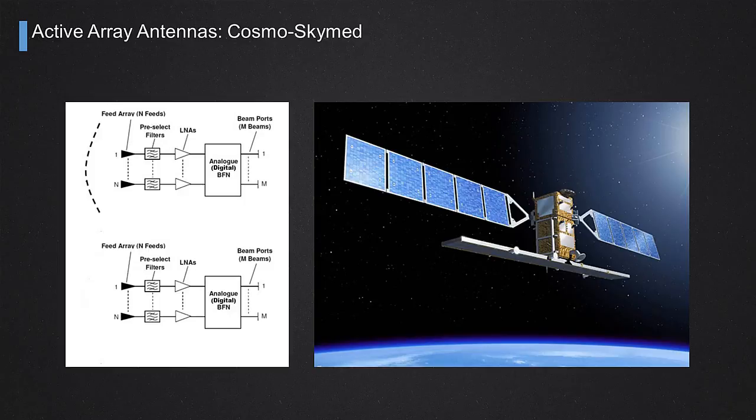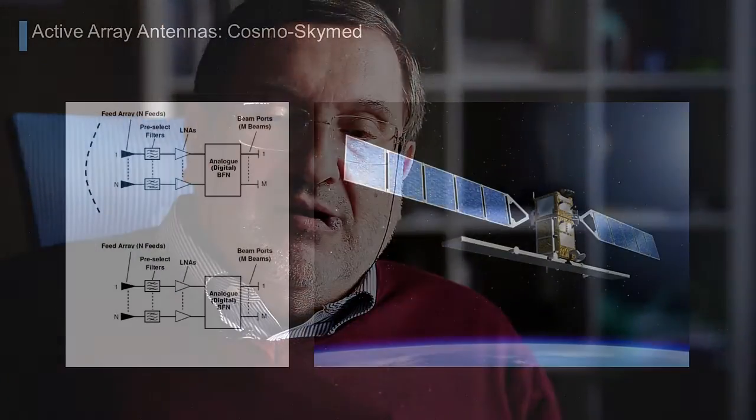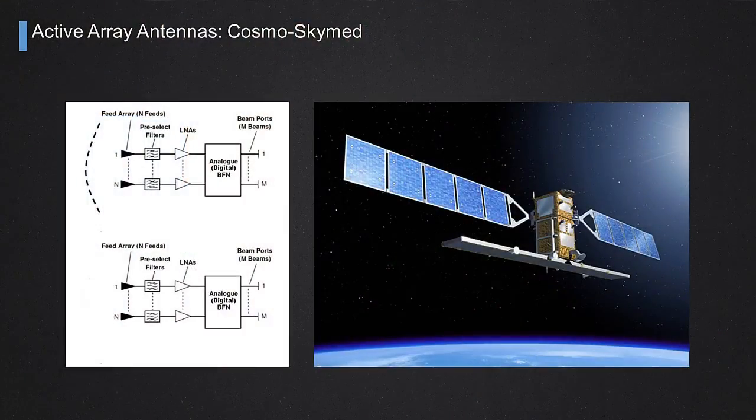Or it can instead be a direct radiating one. In the case of direct radiating, you do not have a reflector, you just sample your complete aperture with a certain number, even a high number, of individual elements, again attached to the active components, in this case, being a receiving antenna, low noise amplifiers, or otherwise RF power amplifiers. On the right side of the slide, there is an example of an active array antenna.